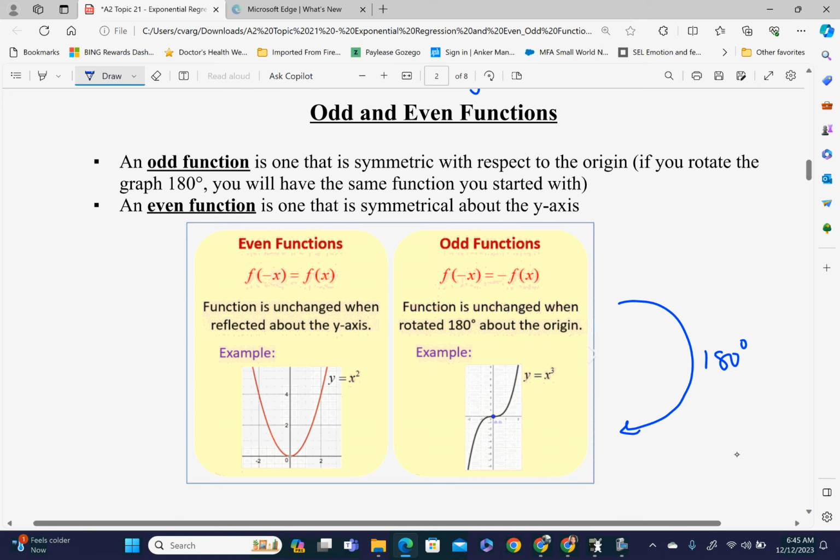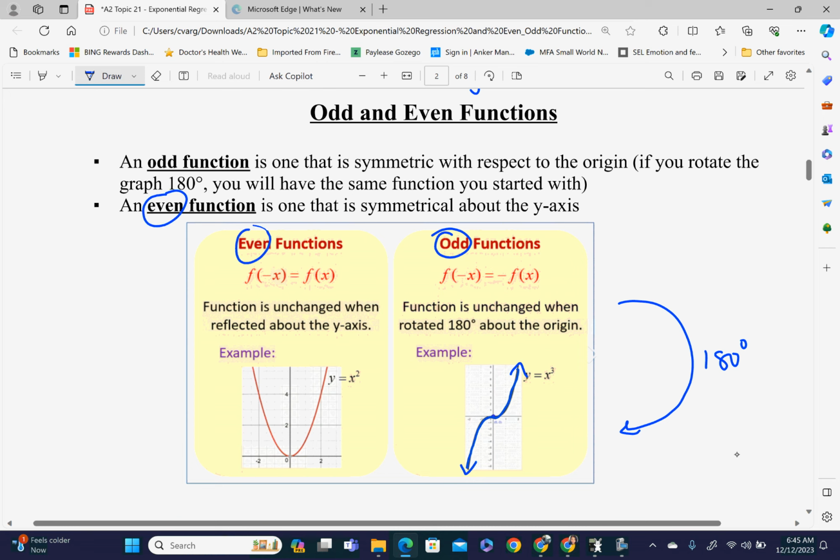If I were to take this function here on the right-hand side, and I'm doing the odd function first, and rotate my paper 180 degrees, or flip my computer screen or calculator 180 degrees, I would get it looking exactly like this: down, left, up, right.